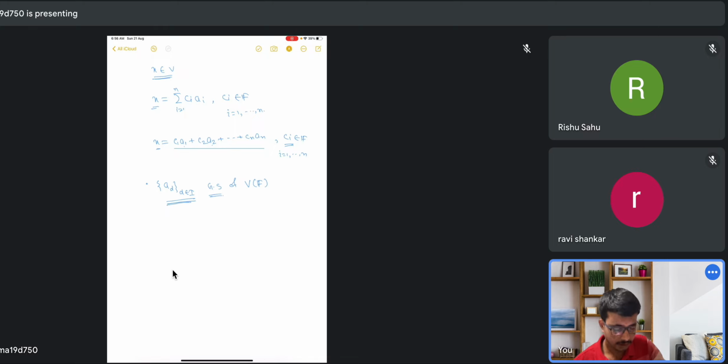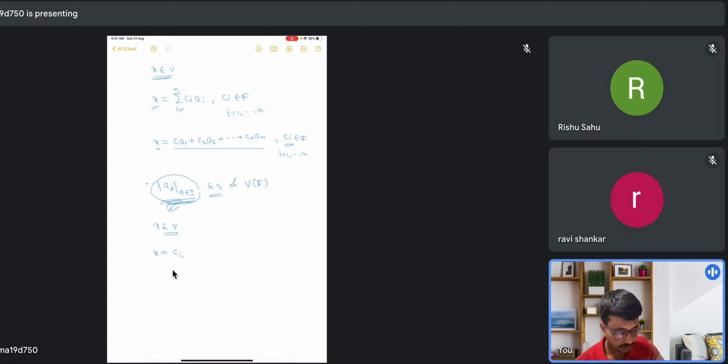Take X as an arbitrary element from V. Then we will say that this is a generating set of V if X can be written as a finite linear combination of your A alpha. Or we can say that there exists one finite subset of this set such that X can be written as a linear combination of that finite set.